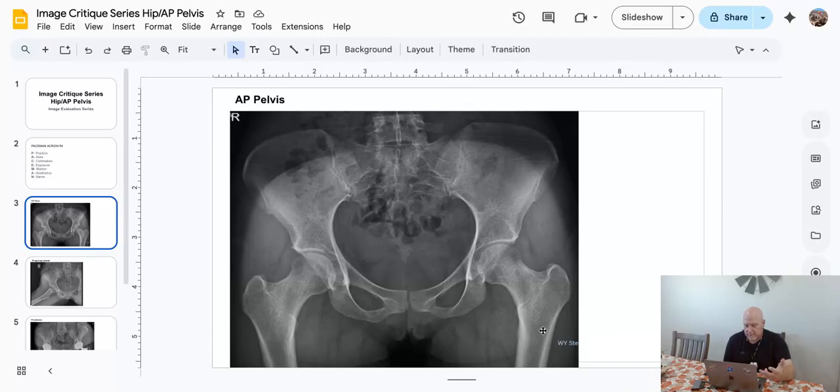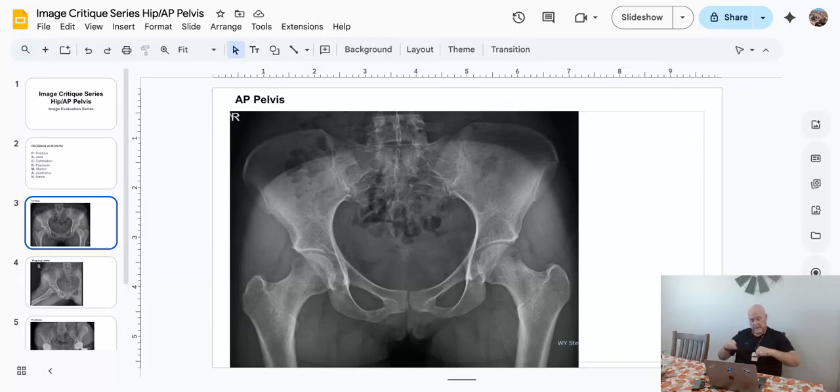So position wise, rotation. You need to pay attention to rotation. You want to get your patient as straight as you can on the table. Just makes for a more aesthetically pleasing picture, but it helps you in regards to rotation as well. Keep in mind that for any AP hip or pelvis picture, you want to turn the patient's toes in.